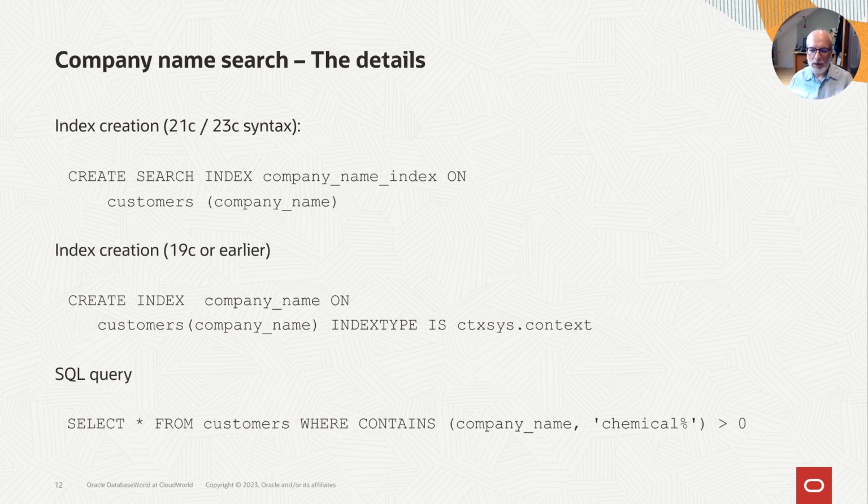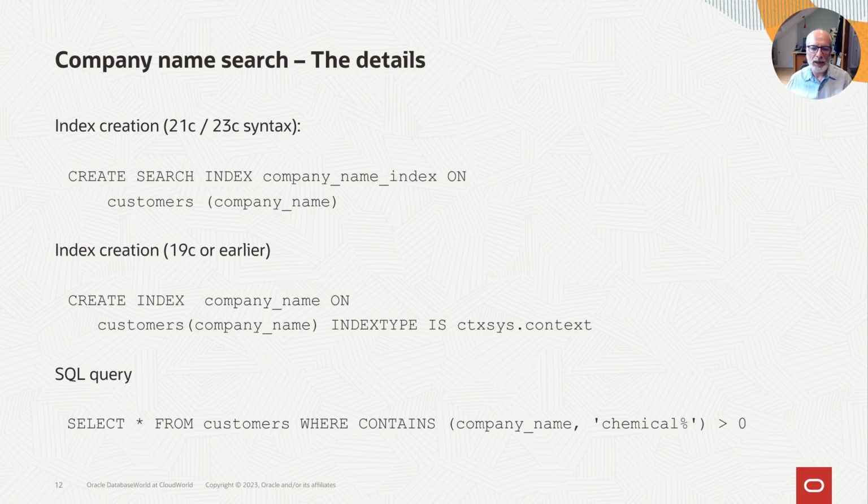So contains is a special operator within SQL. It takes the name of the column that you want to search and a search string. So here we're saying that we want to find all companies that have chemical or chemicals in their name, hence the wildcard at the end of that. You'll notice that there's no wildcard at the beginning of the term.